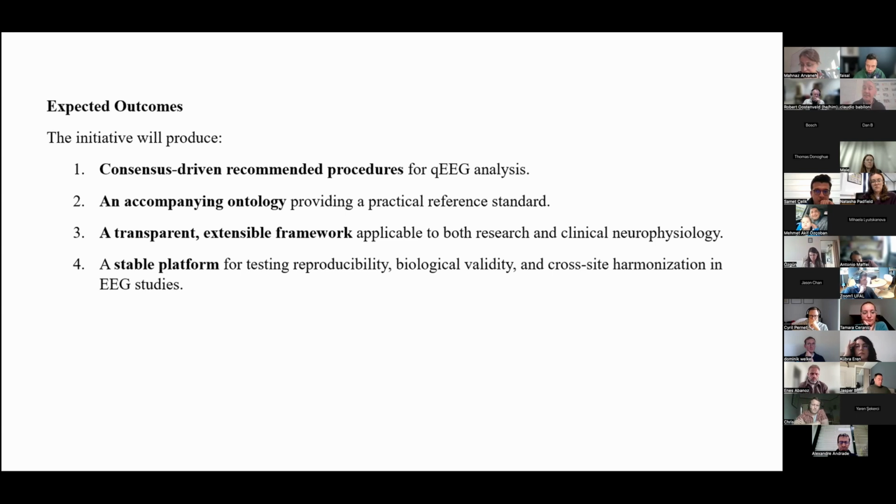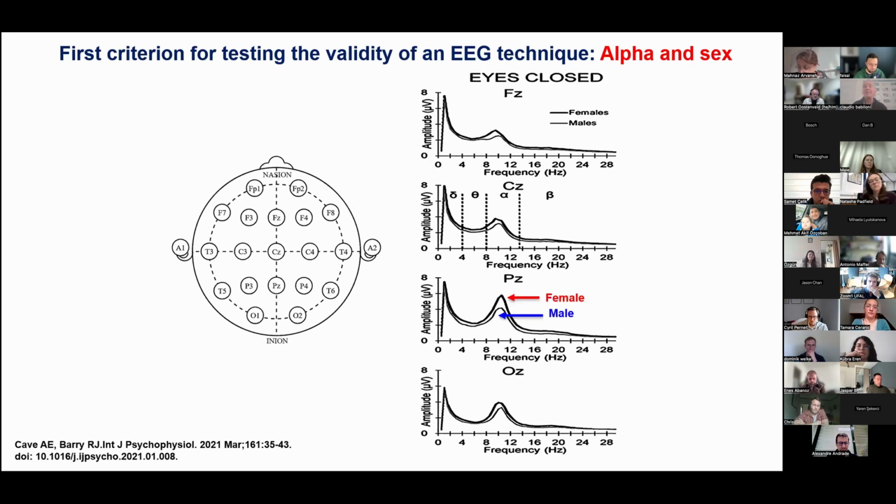And with the idea to have also these 100 datasets recorded with a minimum of 64 scalp electrodes in order also to tap different electrode density to obtain reliable results. The new concept is the criteria to establish the validity of the performance of each technique. And in the proposal, we would like to use two criteria.